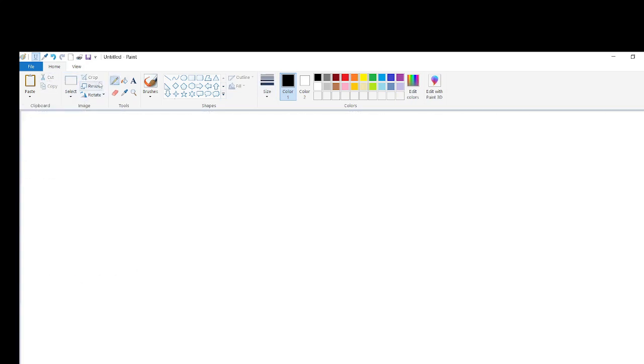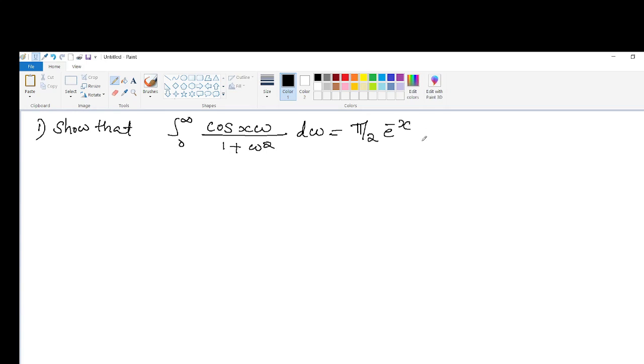So the first problem is: using the Fourier cosine integral, show that integral 0 to infinity cos xω divided by 1 plus ω square dω equals pi by 2 times e raised to minus x when x is greater than 0.